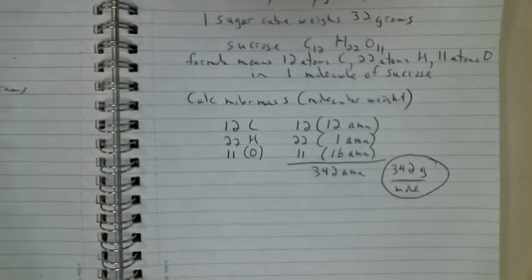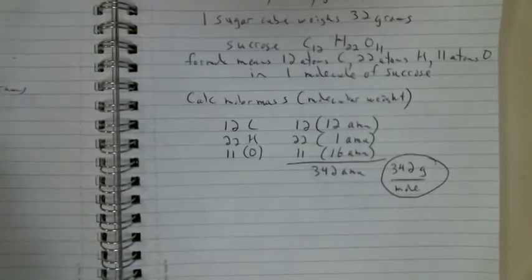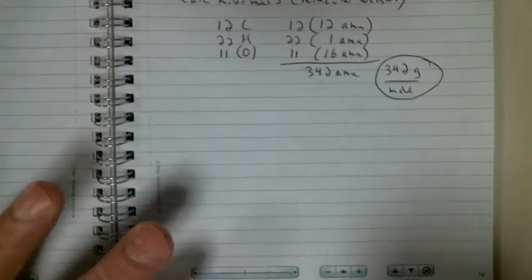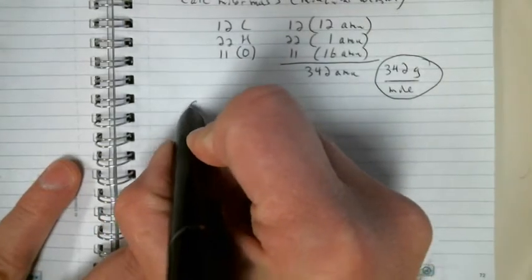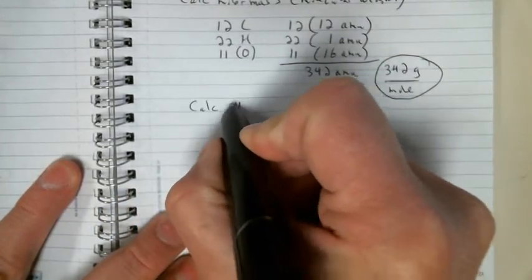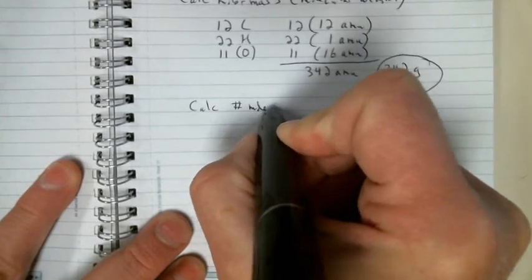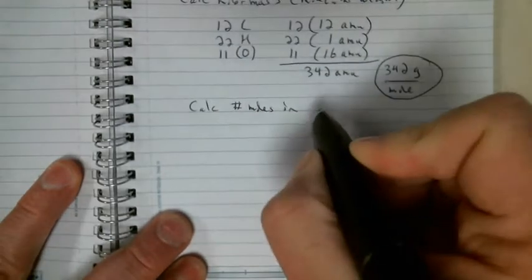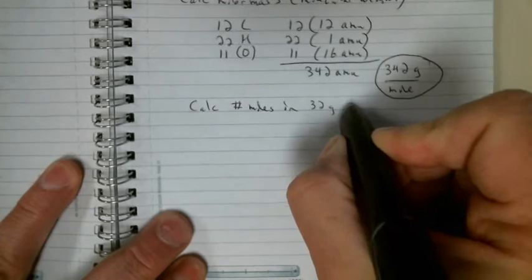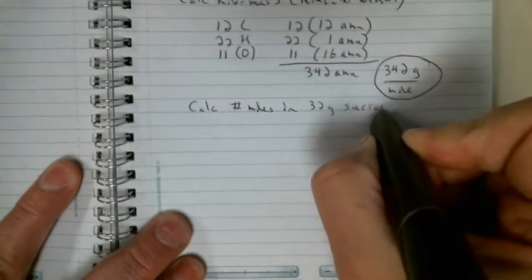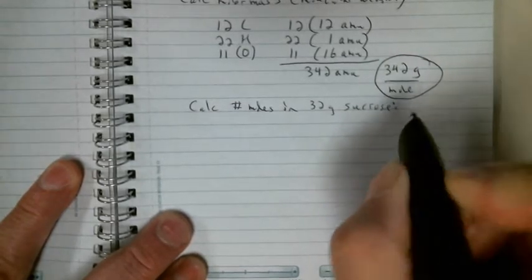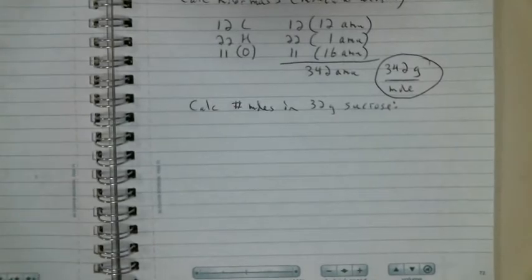What if we were asked a question about getting the number of moles? Suppose we're asked, calculate the number of moles in 32 grams of sucrose. In other words, 1 sugar cube.